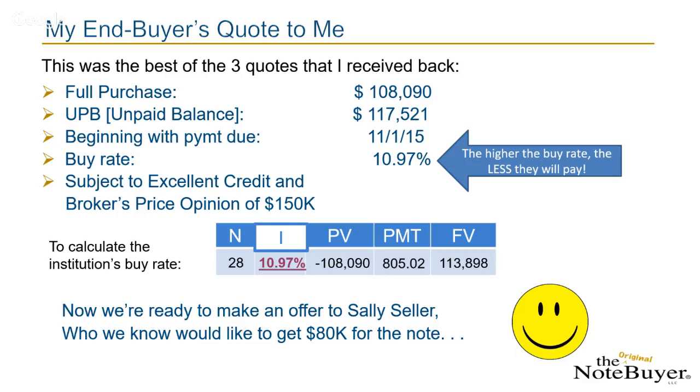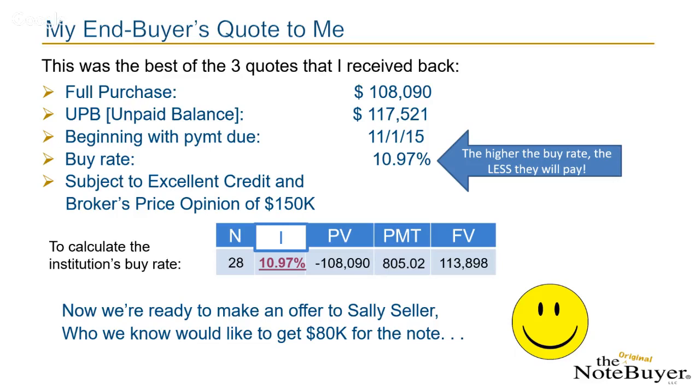Sally had been in real estate way before it was common for women to be in real estate, and for years she had all kinds of rental properties. Then as she got up in age and didn't want to be a landlord anymore, she started selling the properties on land contracts.